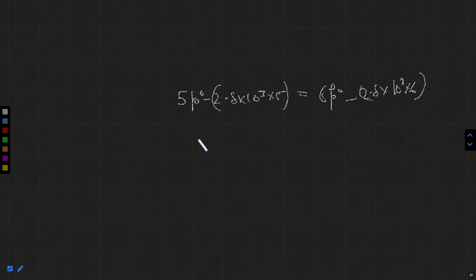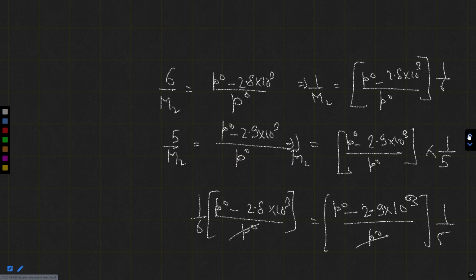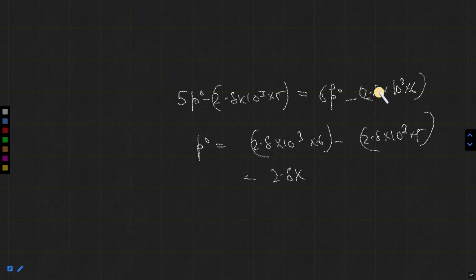If we bring this here, P naught is equal to 2.9 into 10 to the power 3 into 6 minus 2.9 into 10 to the power 3 into 5. So 6 minus 5 is 1. Sorry, this is 2.9, this is also 2.9.